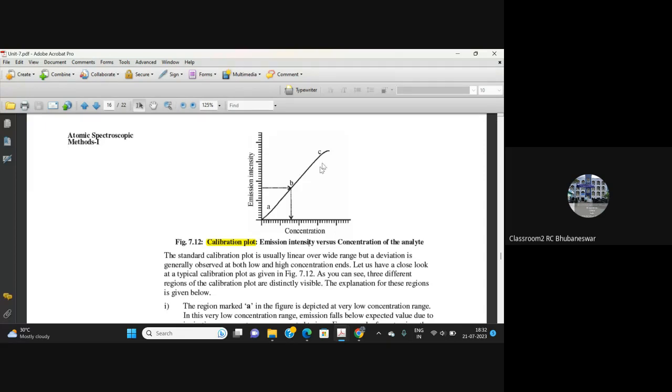Towards the end you may get a bend. Why? If you increase the concentration too much, self-absorption and self-quenching may happen. But initially, this is the thing. So you can obtain the calibration plot by using a known sample.